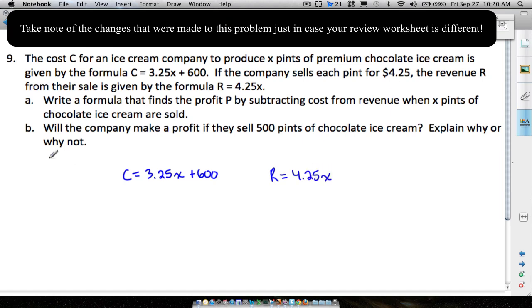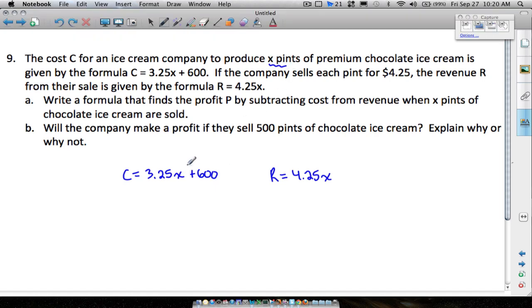Now, before we read these questions any further, here's what these two formulas mean. 3.25x plus 600 is how much it's going to cost the company to produce it. So they're going to have to spend that money to produce the ice cream. For every pint X, notice it says X pints. For example, if they were to do 10 pints of ice cream, let's not even answer these questions yet.